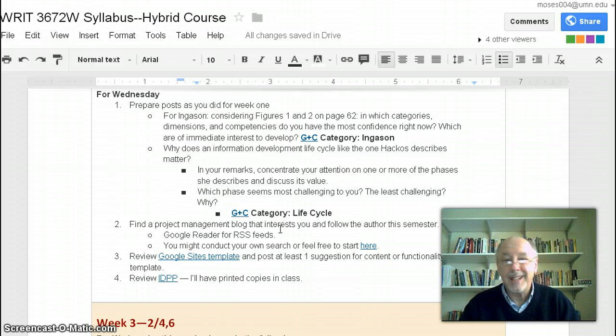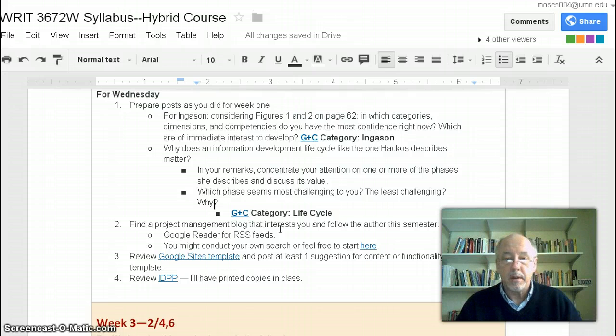And we're going to dig in now to those particular steps, and how they fit together, and how you can document them using the IDPP, the Information Design Project Plan, that I handed out last week. So your job for today was to find a project management blog that interests you, and to set up an RSS feed that would bring that content to you, instead of you having to go out and find it all the time.